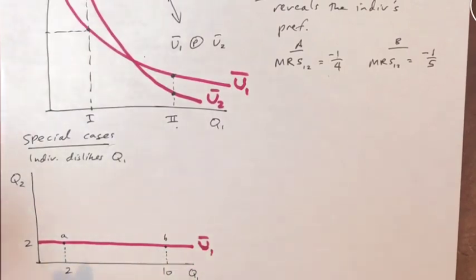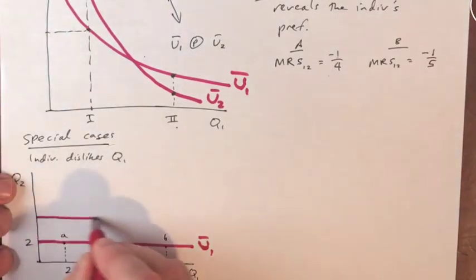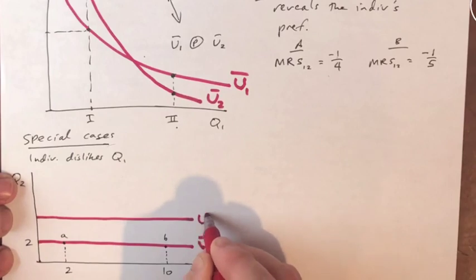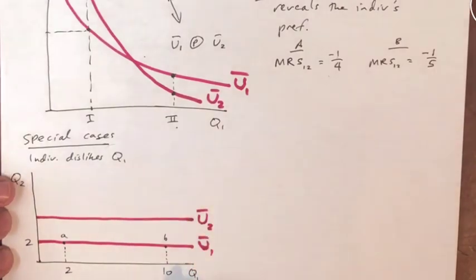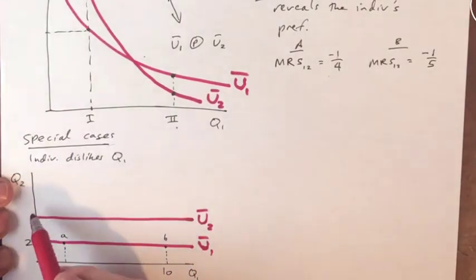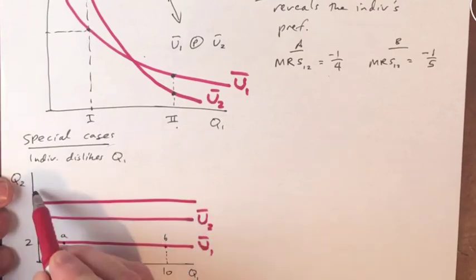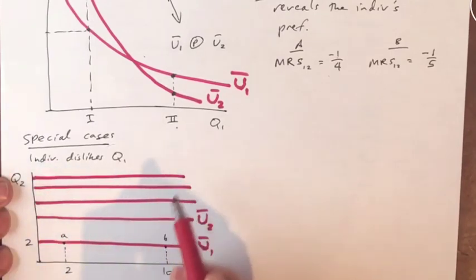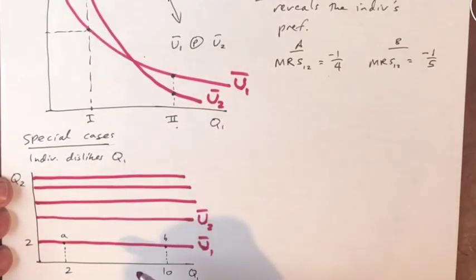So, well, what would make them happier? Well, what would make them happier is if they had more of the good that they actually liked, okay? So this curve would be preferred, right? In this special case, we again have an infinite number of indifference curves in this space, but the indifference curves are flat, okay, because the individual dislikes one of the goods.